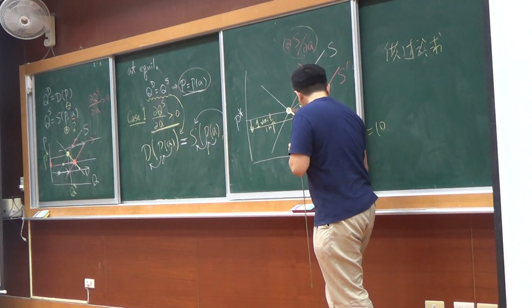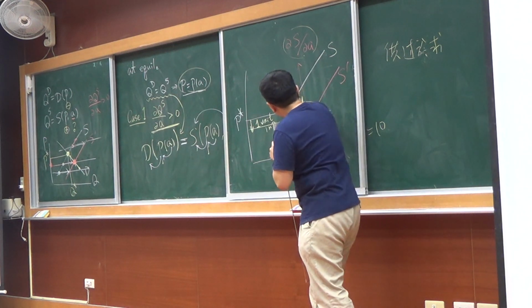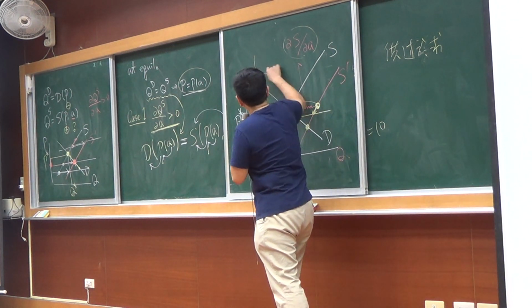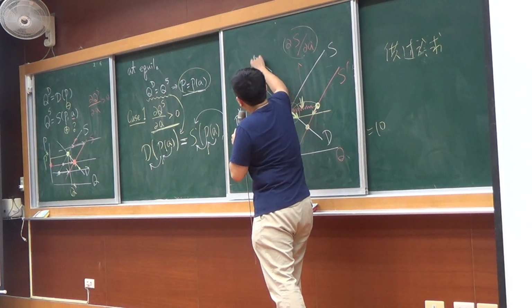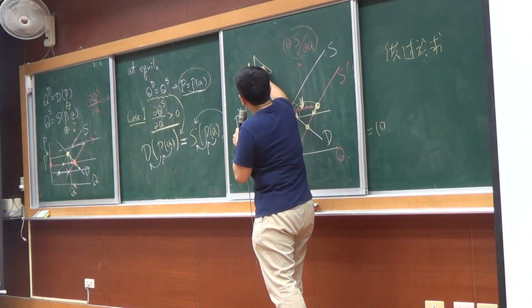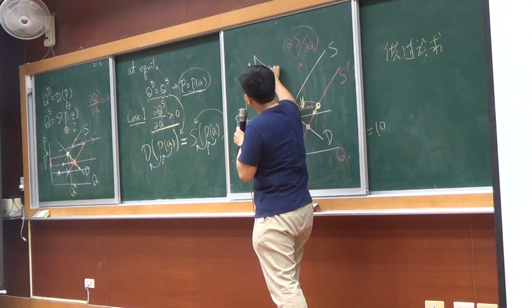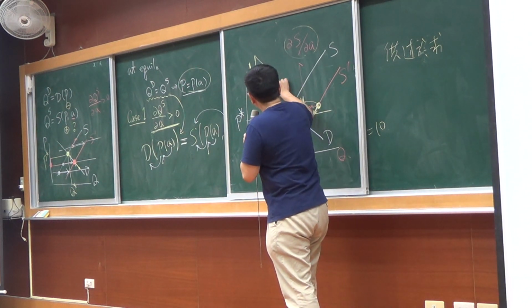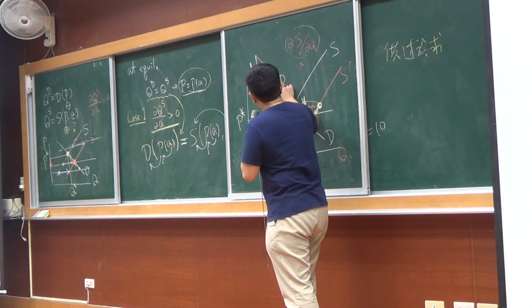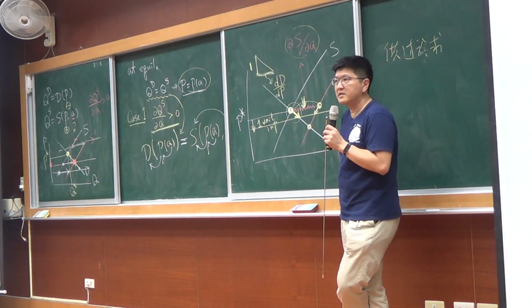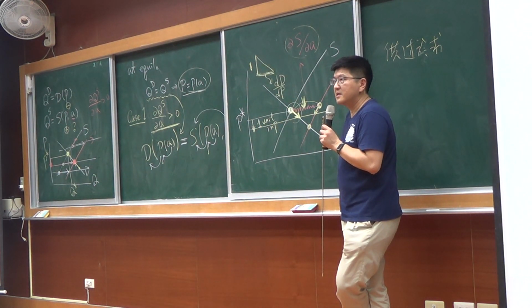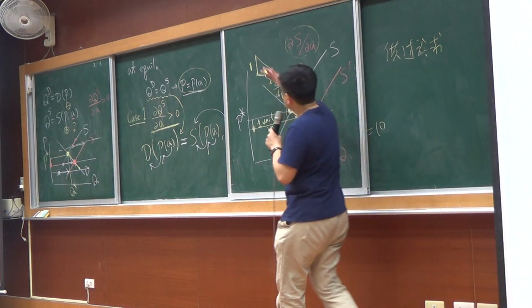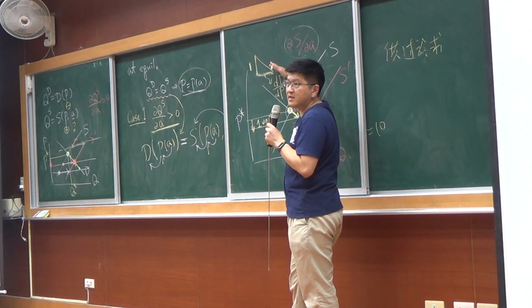So this part, when the price change is 1 unit, then what is the size of this? Is that clear? This is the demand curve, right?